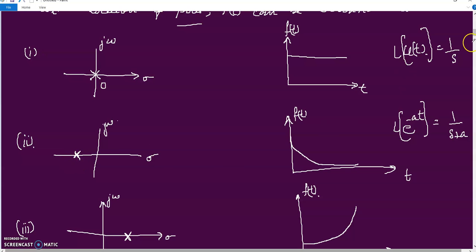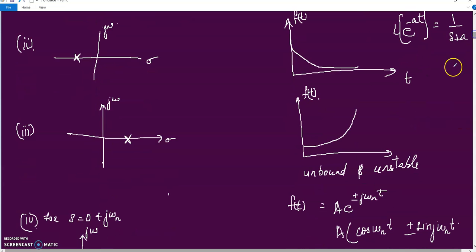Next we have e raised to at. This is an increasing exponential function, right? So what is the Laplace transform? In the frequency domain, you will get 1 by s minus a. That is, the pole is positive, s is equal to a. So we have a positive value as the pole.